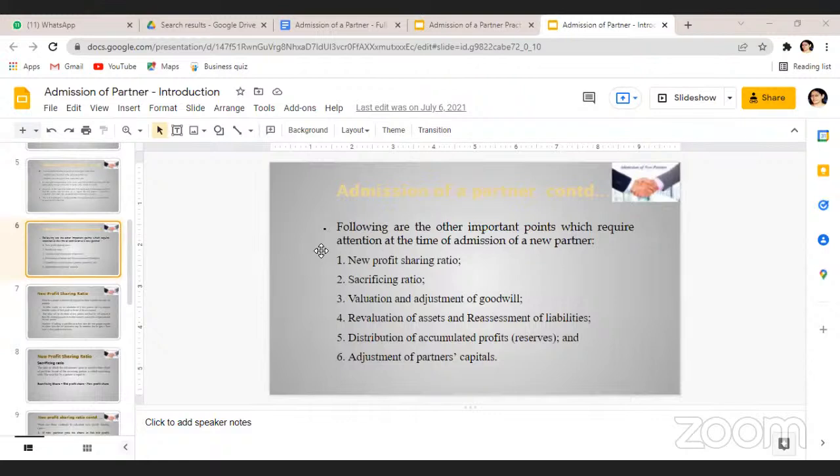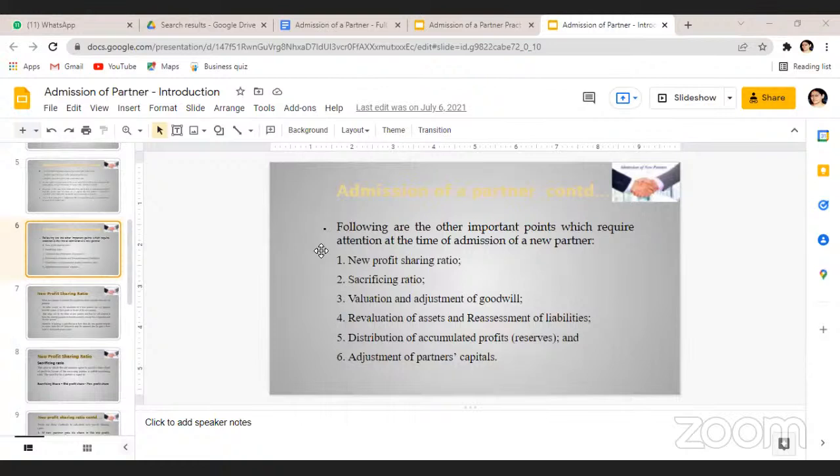When the new one is coming, the existing ones have to sacrifice some of their ratio. Till the date, the old partners are responsible for the assets and liabilities, and after the admission, the new partner becomes responsible based on the new values. Any profits left over are to be shared among the old partners only. So many adjustments are required when a new partner is admitted.